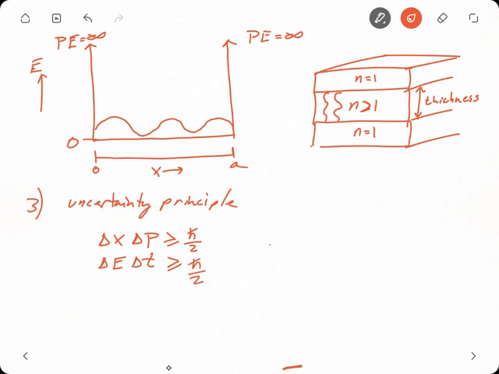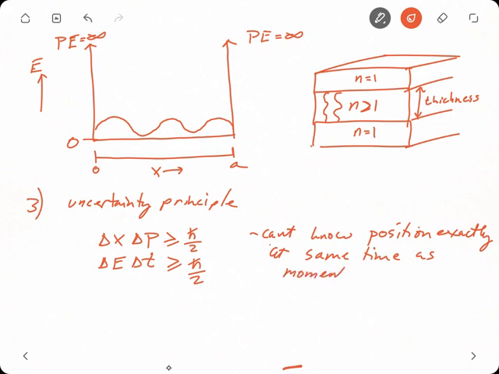So it means that you can't know the position exactly at the same time as momentum, or you can't know when something occurred exactly, as well as knowing exactly what its energy was.